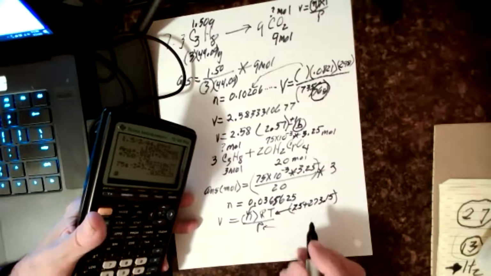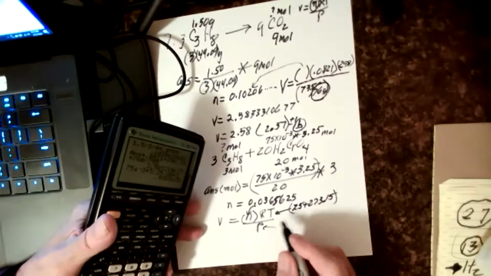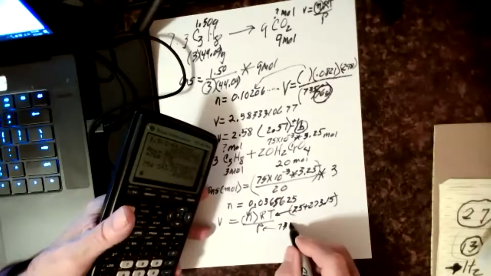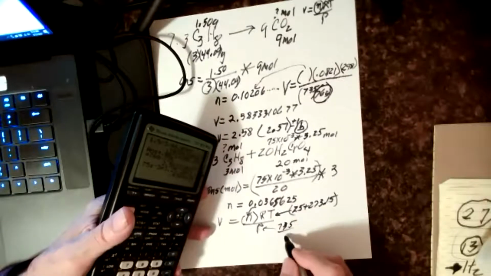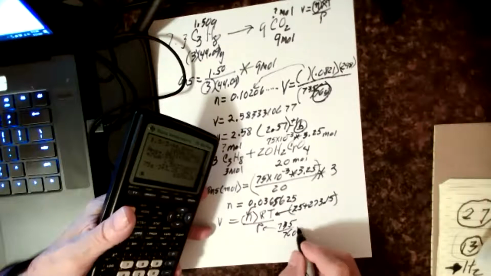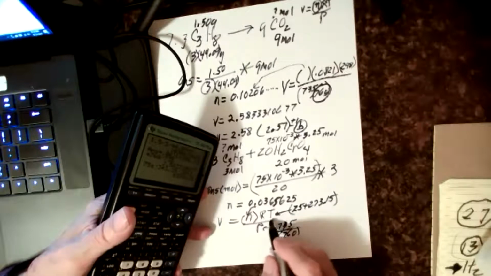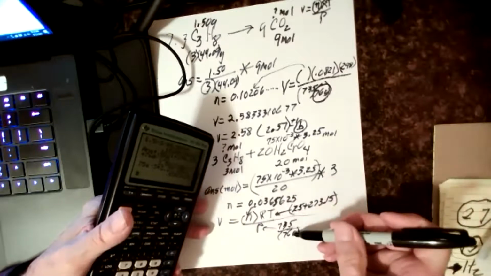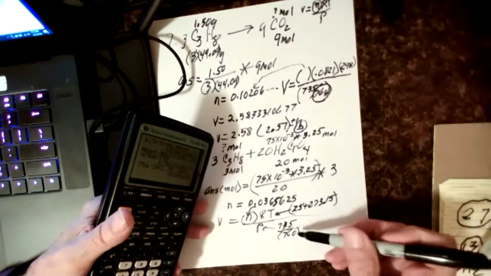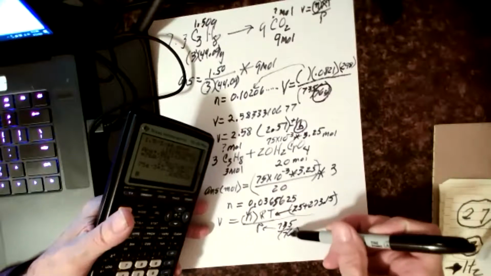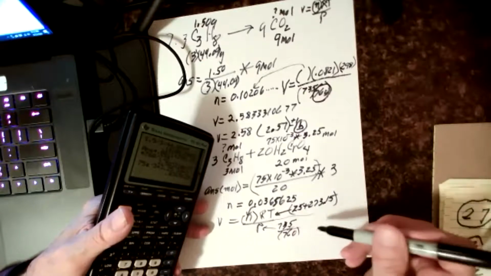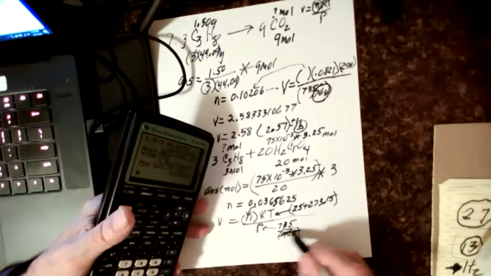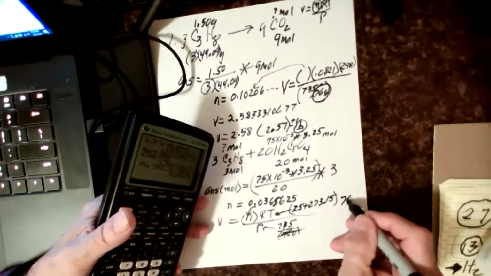The pressure now we've got is 735 divided by 760. So we're going to do the same trick as later. I'm going to put the 760 upstairs because it's in the denominator of the denominator, and it goes to the numerator. I'll just put it up here, 760.